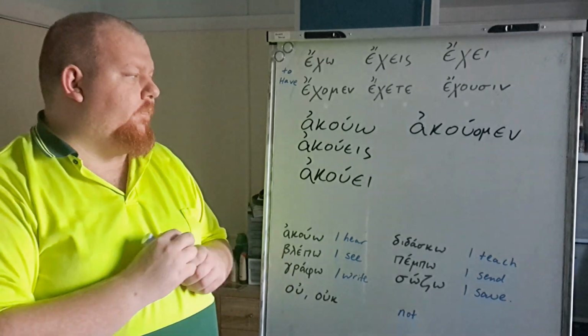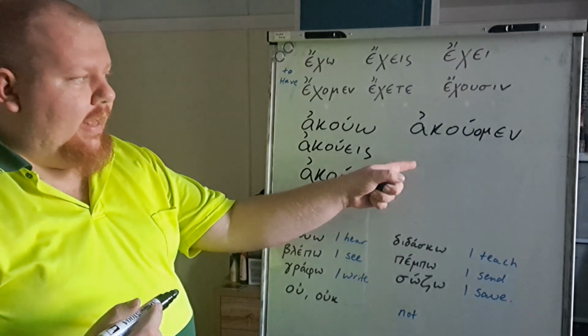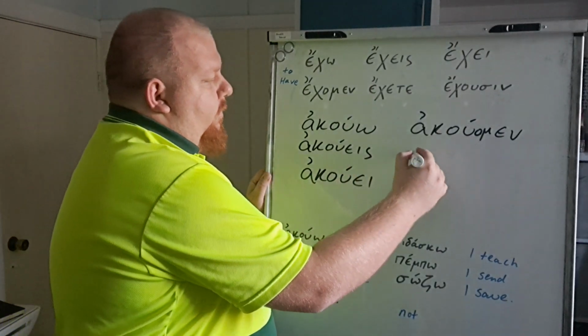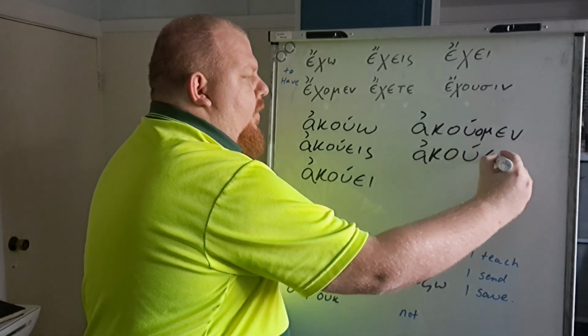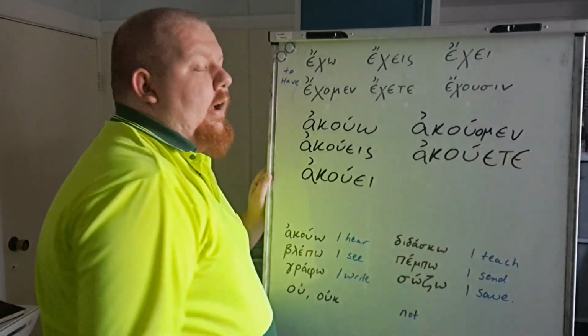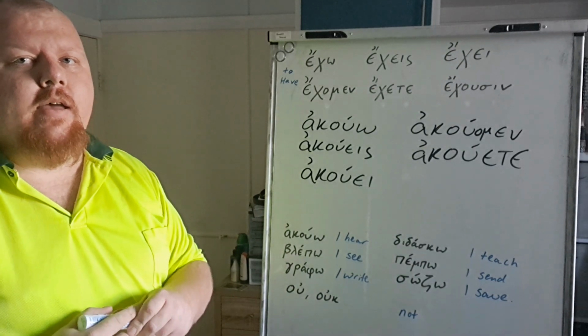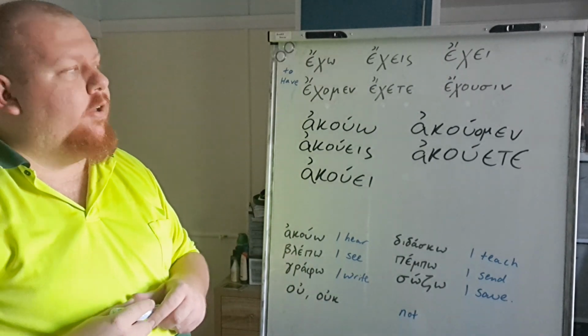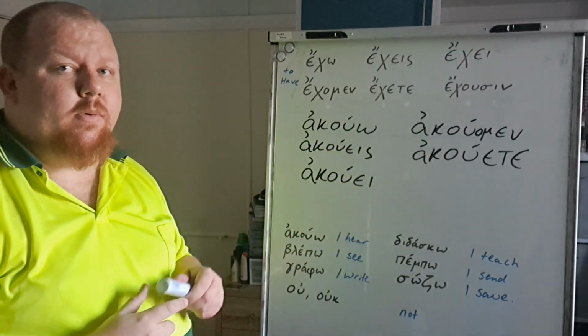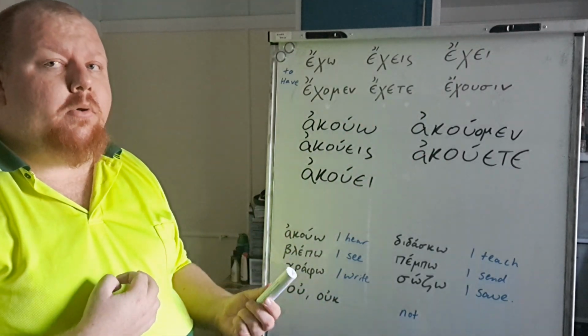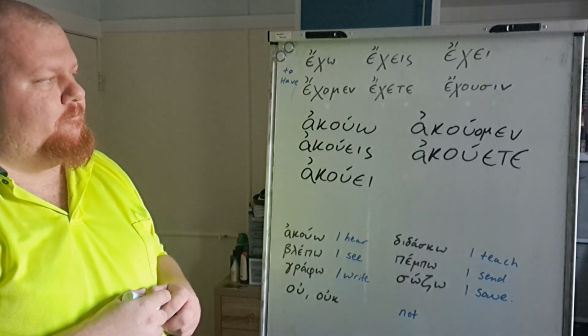To get the second person plural, akuete. So you see the ending is the same. So you're changing the endings to change whether it's first, second, or third person, or singular or plural.